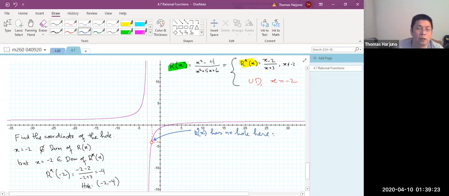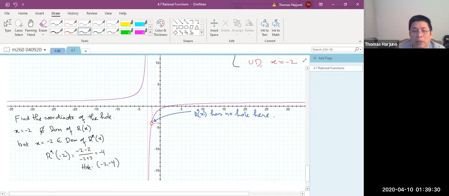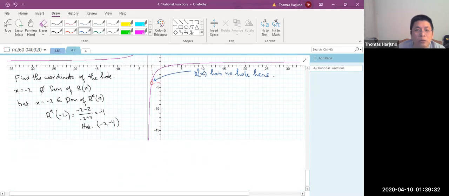That's how we find the whole of a rational function. Now let's apply this idea to another question.